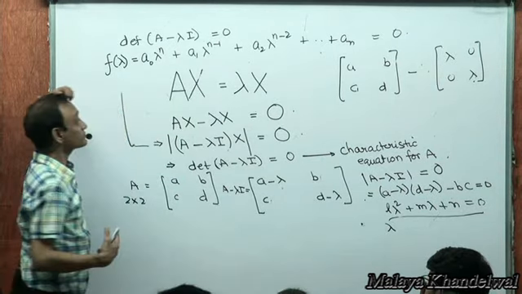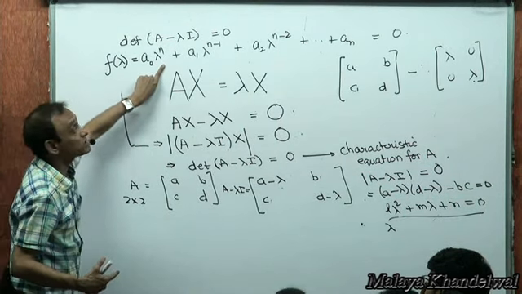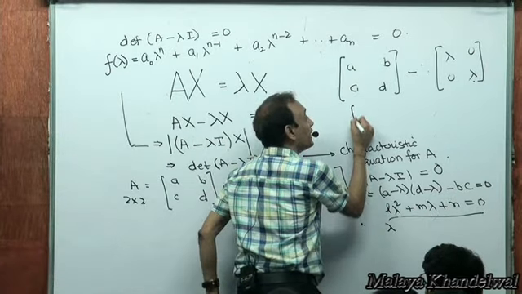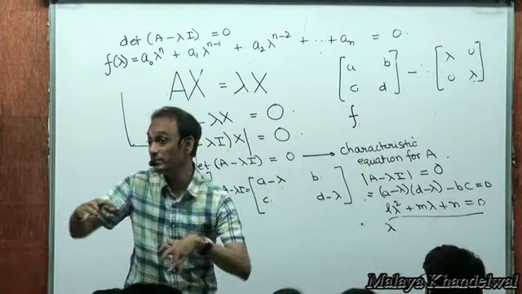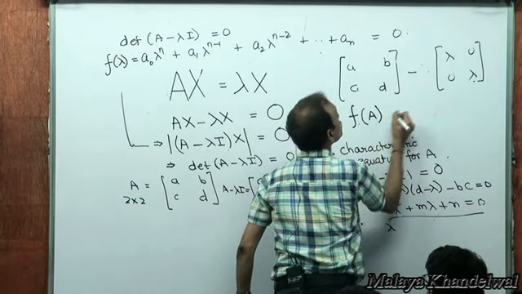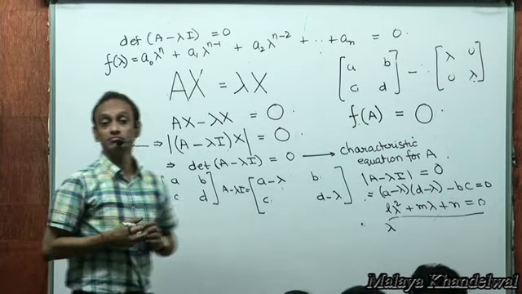But lambda is a scalar, and the matrix A will also satisfy this equation. That means f of A, which will be a matrix equation, will also be 0.